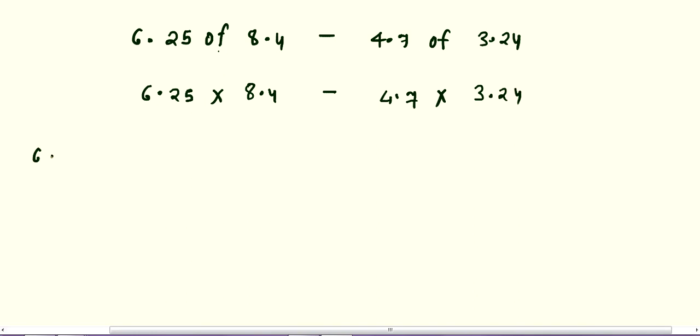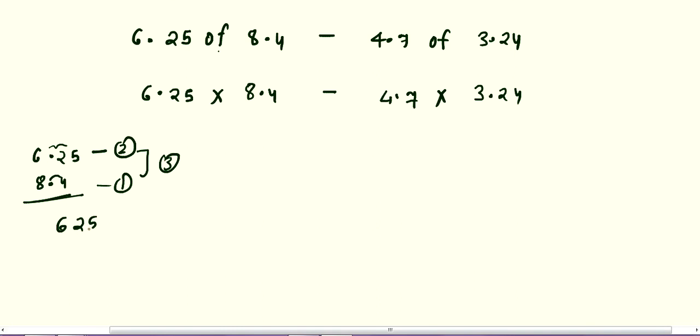Now we will multiply 6.25 and 8.4. So multiply this, easily you can multiply. Here we are having 2 places after decimal, and here we are having 1 place. So 2 plus 1, 3 places. That means we will multiply 625 and 84.